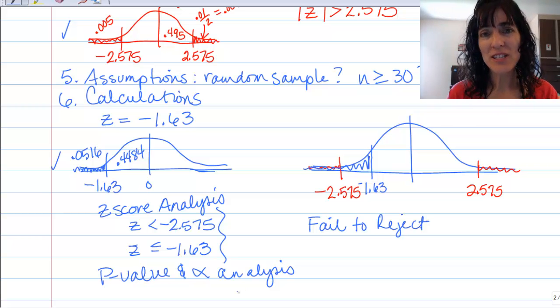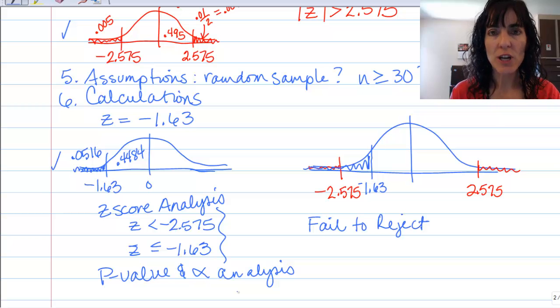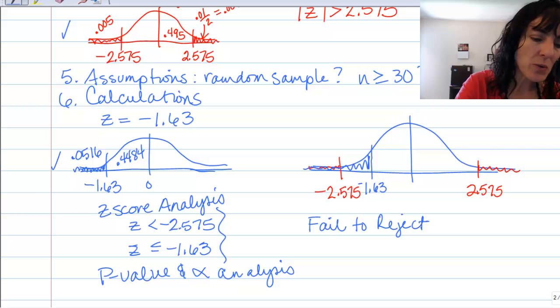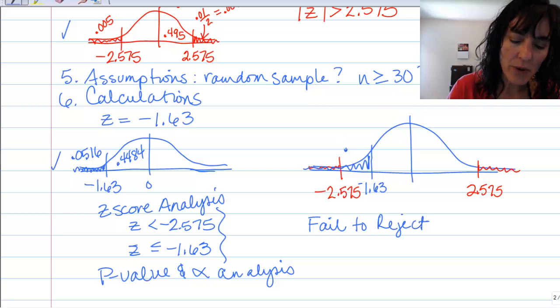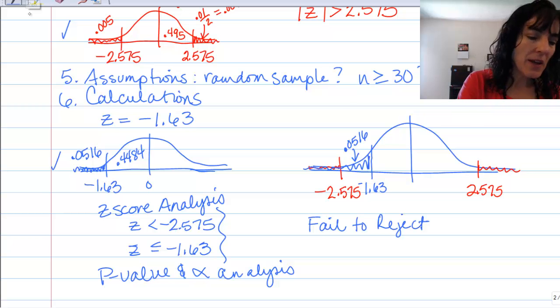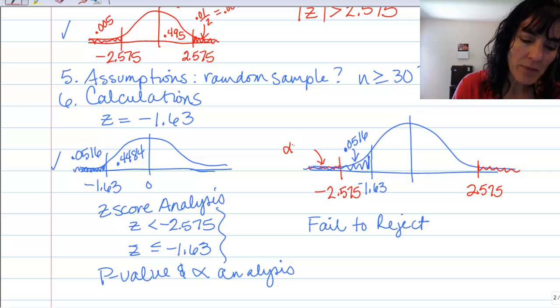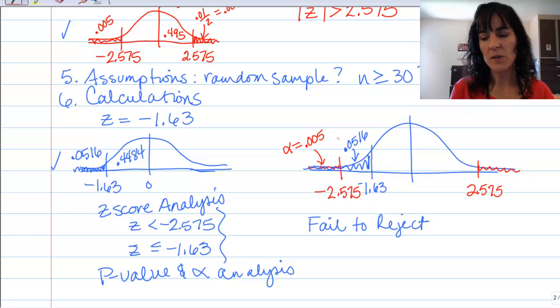And you really need to know both ways. You really need to understand both of them, because sometimes you're only given a p-value and you have to compare it to different alphas and see if it's going to reject or fail to reject. So back to our picture. For this p-value for our data, that gave us 0.0516, and that's that blue area. And then if I look at my alpha, it was 0.005 because I had to have it on both sides.